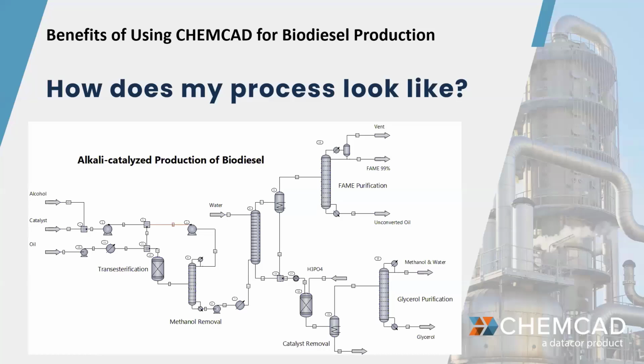The benefit of using CHEMCAD for biodiesel production comes where you need to explore and enhance some of the process design, the efficiency and optimization, and you're trying to improve the sustainability of your process, right? So let's open CHEMCAD right now. Let me get that here.